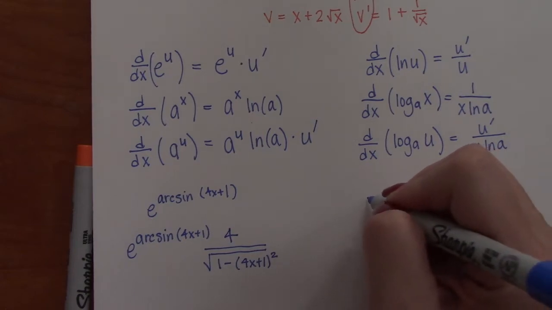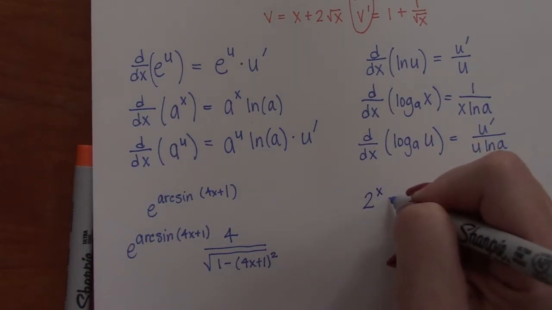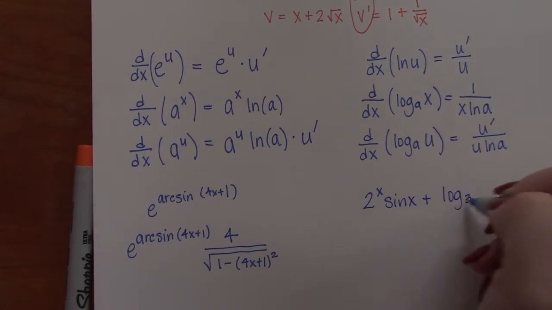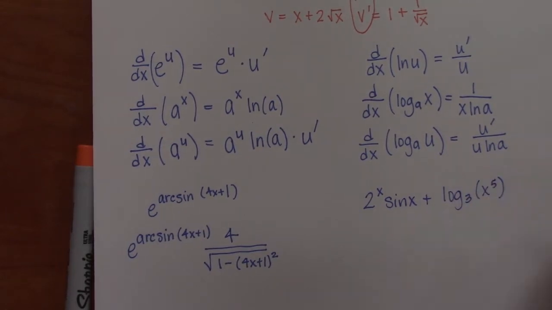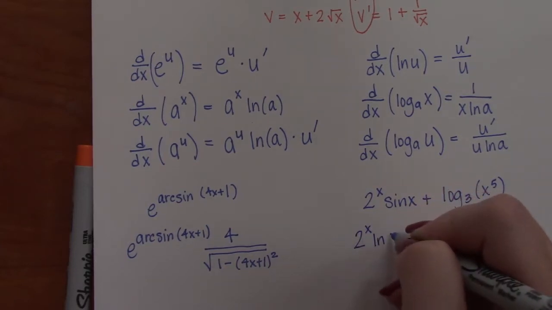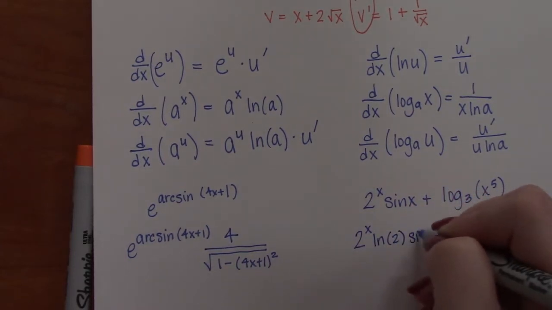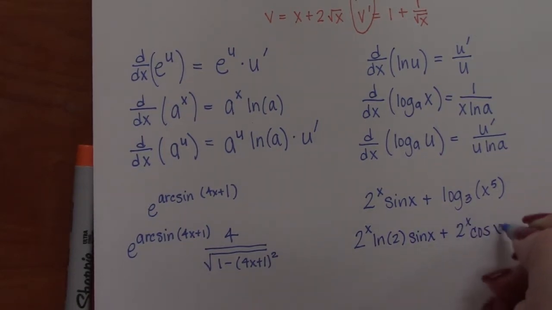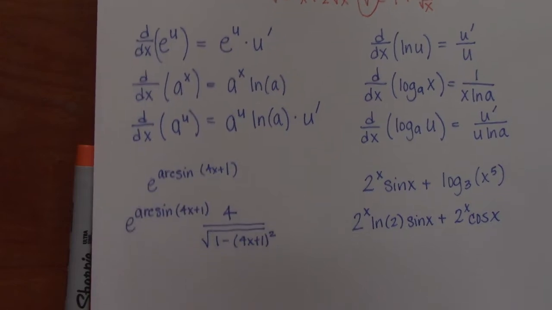Over here, we had a product rule, so it was 2 to the x natural log of 2 times sine x plus 2 to the x cosine x.